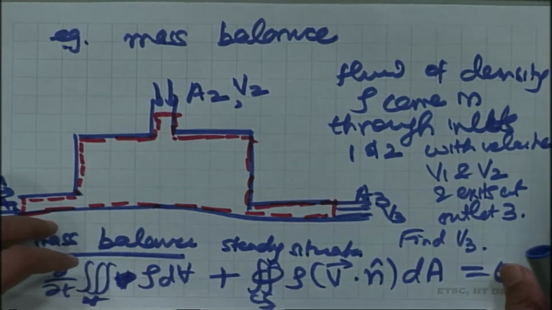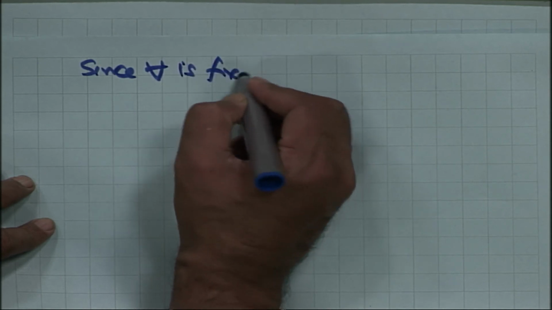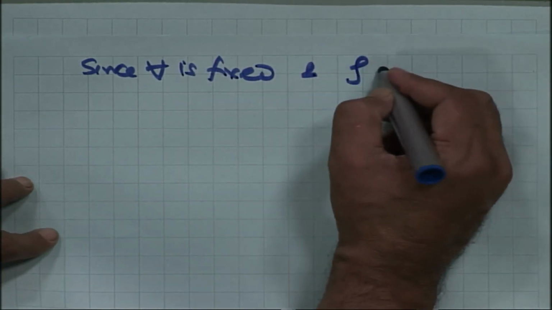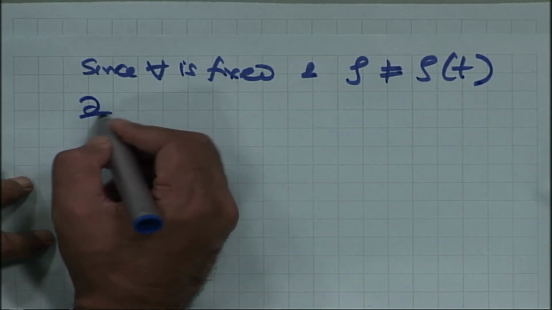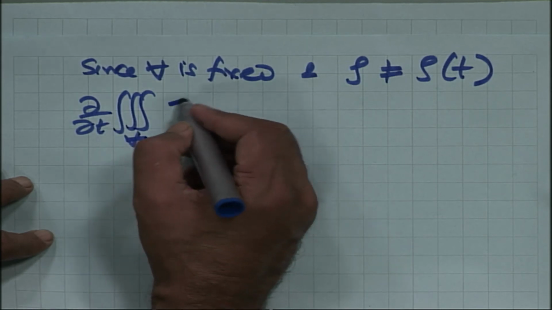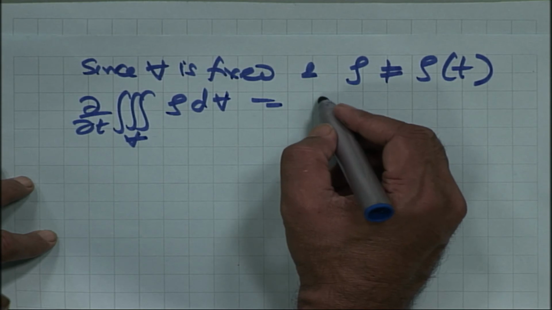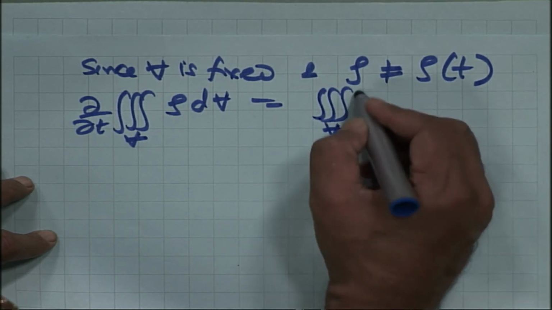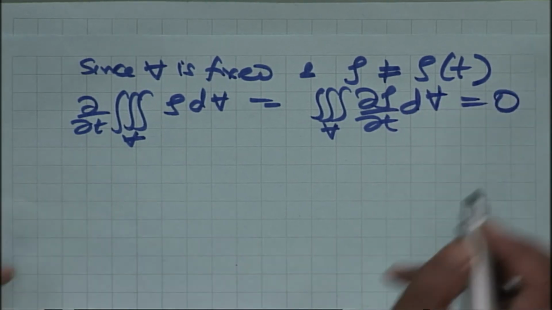Therefore, the first term, since volume is fixed and rho is not a function of time, is the volume integral of partial rho by partial t dV equal to 0.